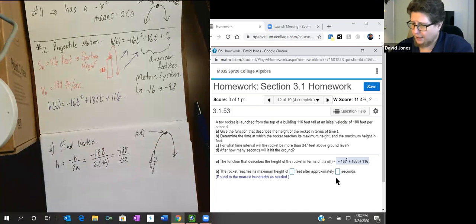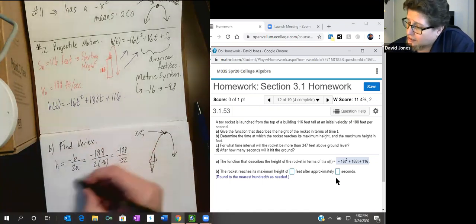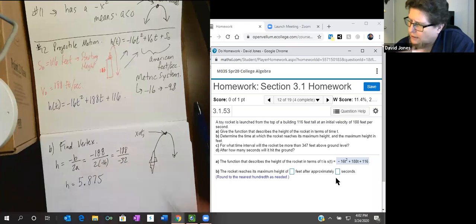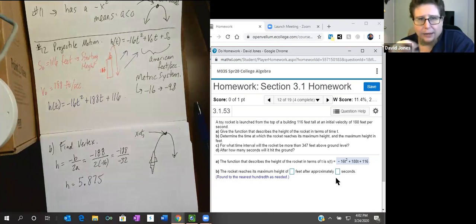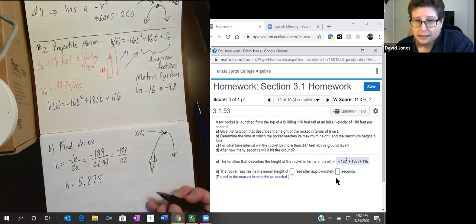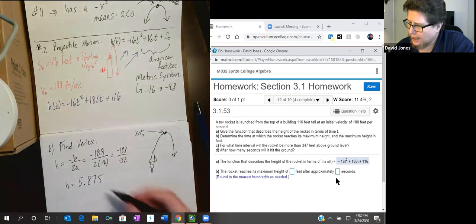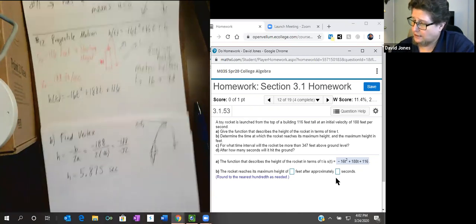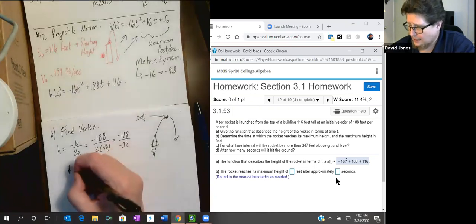Are you kidding me? Oh, they want it in decimals. Okay, good. Nearest hundredth of a second. That's good. So its maximum height is after this many seconds. No, I'm sorry, that's t.